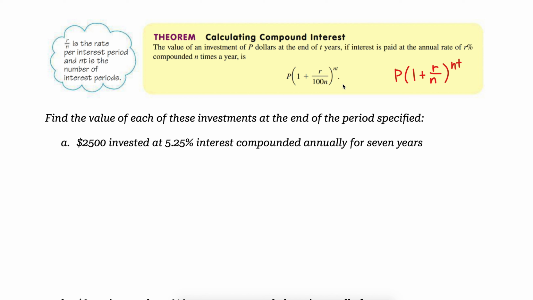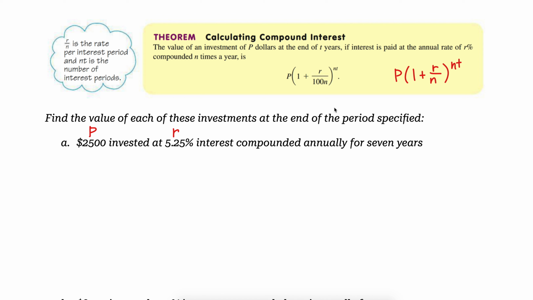P stands for principal. That's the amount invested. So if we look at this first example, it's talking about a $2,500 investment. That's the principal. 5.25%, there's the rate. So that's R. N is the number of times interest is compounded.